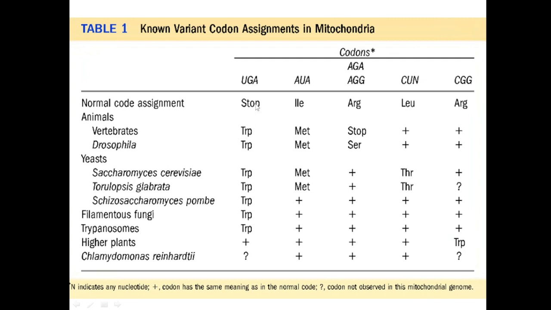You see UGA is also not a stop, but a tryptophan codon. In different variants you can see this in fungi and in other eukaryotic organisms. In mitochondria, methionine can also be coded by other variants.